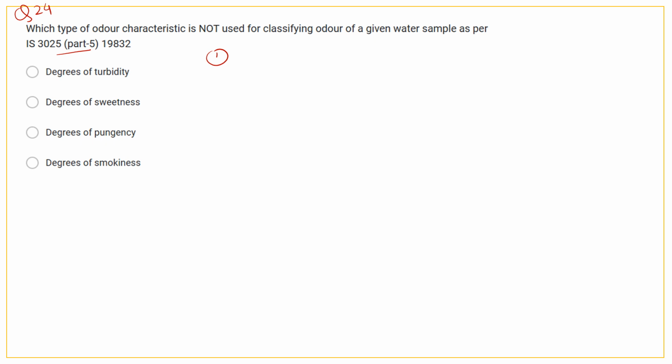First one is degree of sweetness, then degree of pungency, third is degree of smokiness, and the last one is degree of roughness. So these are the four odor characteristics, but the degree of turbidity is not a characteristic. So here they ask about not used. So option number first is correct here.